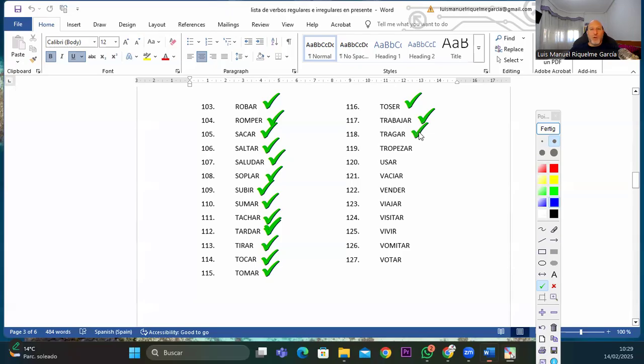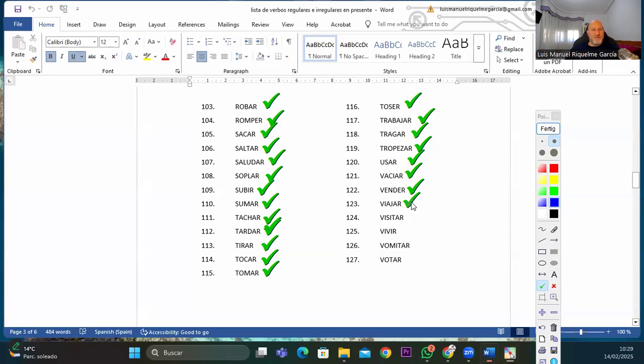Tragar, to swallow. I think you say swallow. To swallow your food. Tropezar, to stumble, to trip over. Usar, to use. Vaciar, to empty. Vender, to sell.